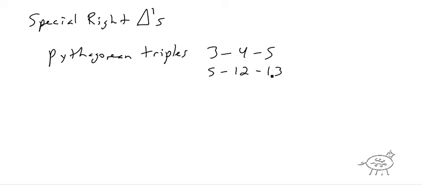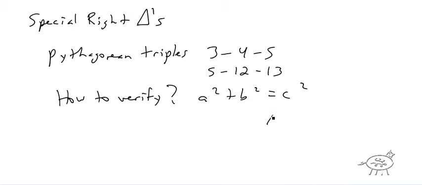I'm sure you can name lots of others. How do you verify? Well, of course, you use a squared plus b squared equals c squared, with c being the longest side, or the hypotenuse. Okay, that's pretty mellow.